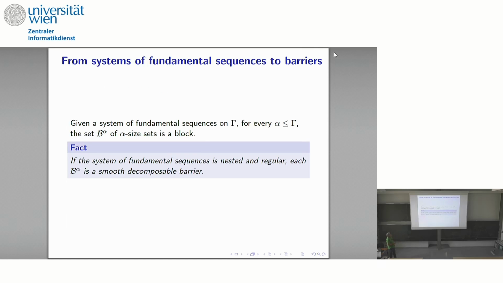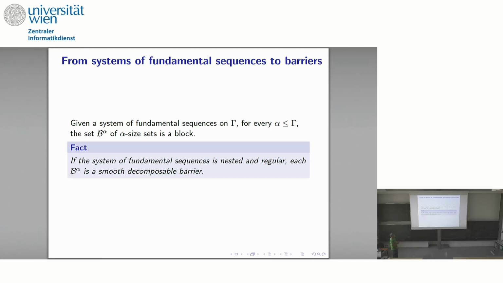And then we have some sort of interplay between fundamental sequences and barriers. In one direction, if you start from a system of fundamental sequences on gamma, then for any alpha less than or equal to gamma, you can find the set B alpha, which is the set of sets that have exactly size alpha according to that system of fundamental sequences. And this turns out to work.